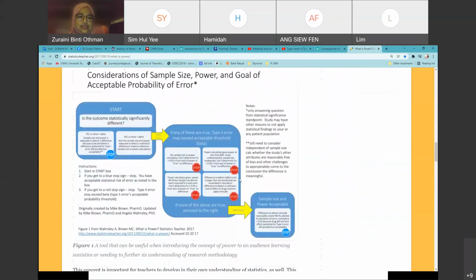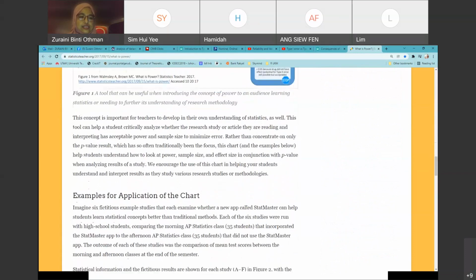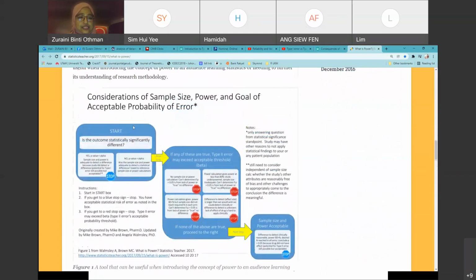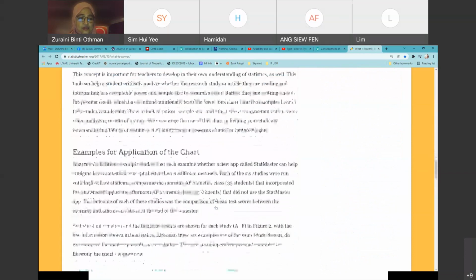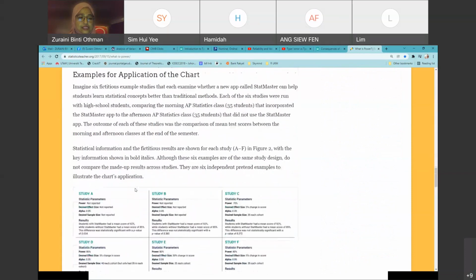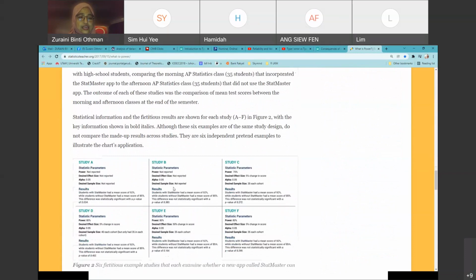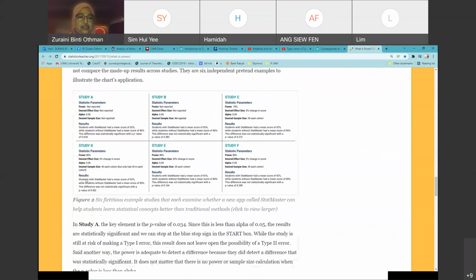This is the chart that I showed just now, and you can study this chart from the example applications that they give you. There are six case studies, and this is how they conclude.